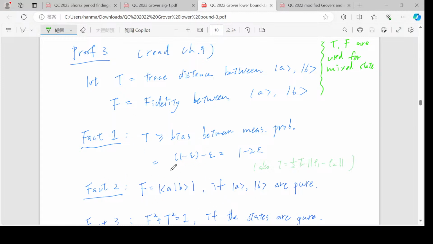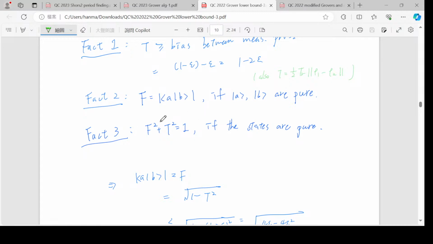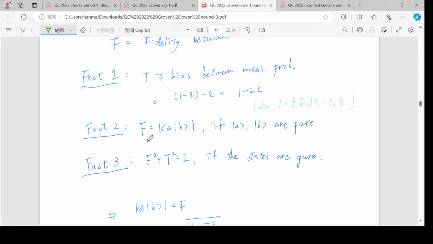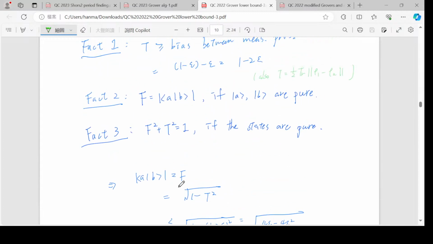From these two quantities, we want to bound fidelity from trace distance. How do we do that? For pure states, it's very easy. We just have this relationship: fidelity squared plus trace distance squared equals 1.